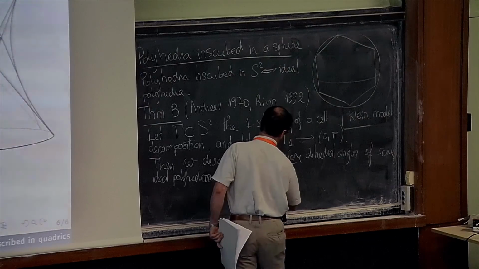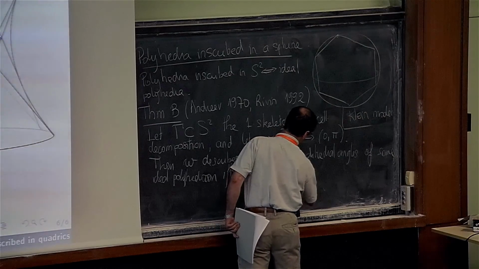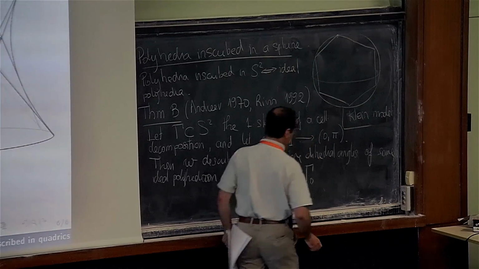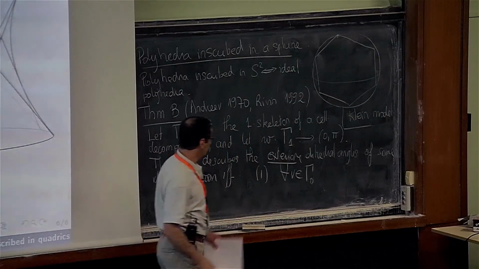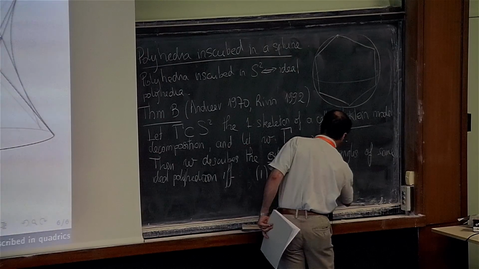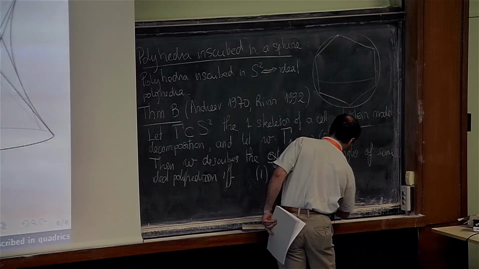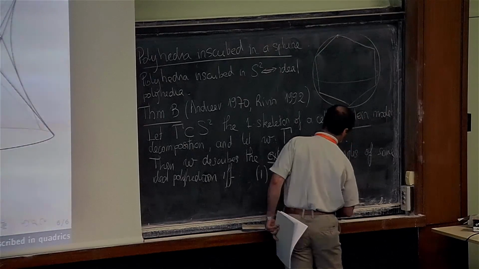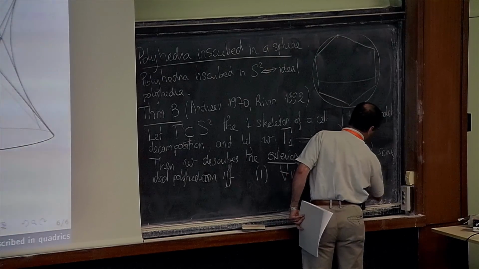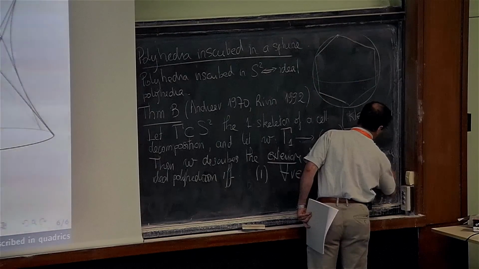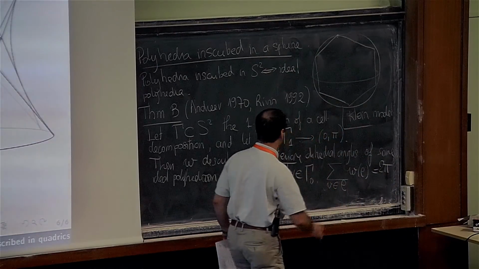One is that for every vertex v in gamma 0, where gamma 0 is the set of vertices of gamma, I look at the sum over every edge containing v of w of e, and this must be equal to 2 pi.